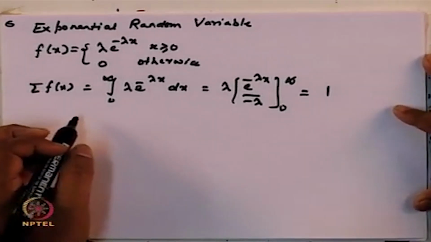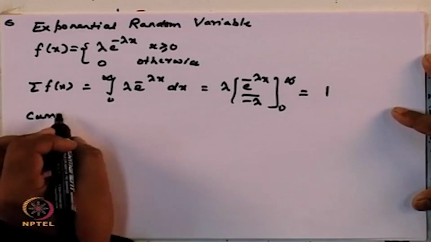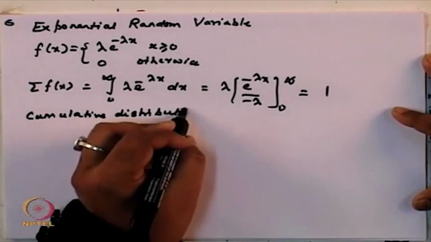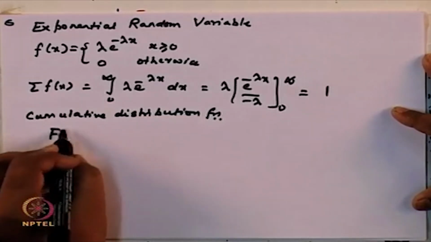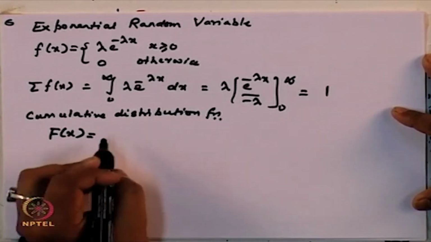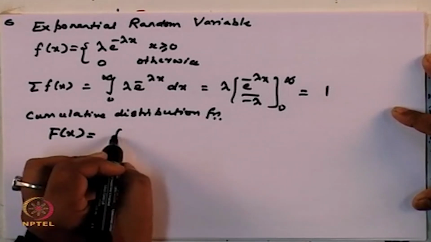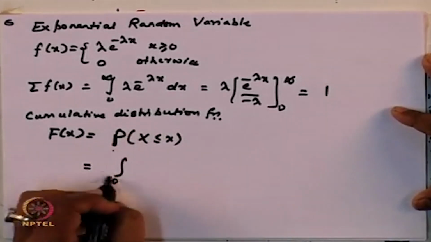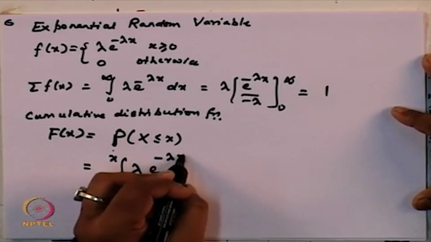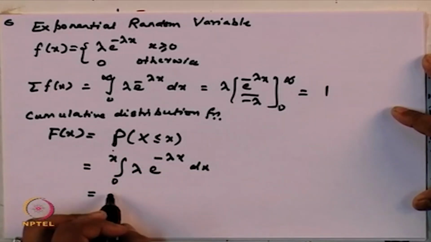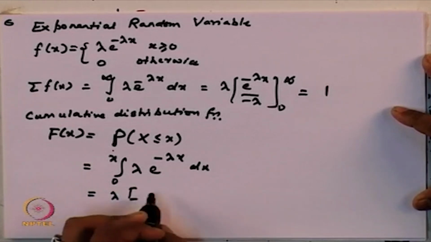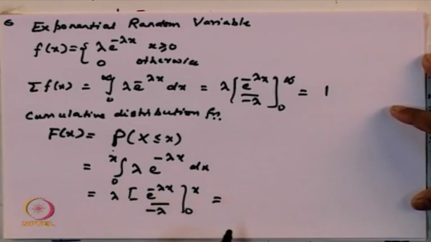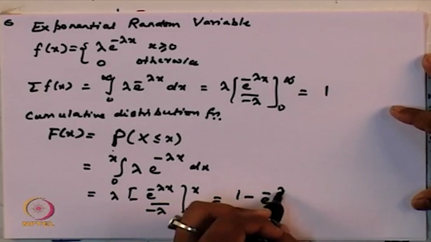So this fulfills the requirement that the sum of all probabilities is 1. I can determine the cumulative distribution function F of x, which is nothing but the probability x less or equal to x, the integral from 0 to x of lambda e to the power minus lambda x dx, which turns out to be 1 minus e to the power minus lambda x.